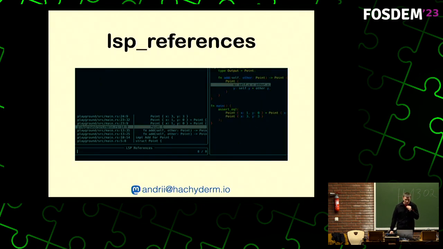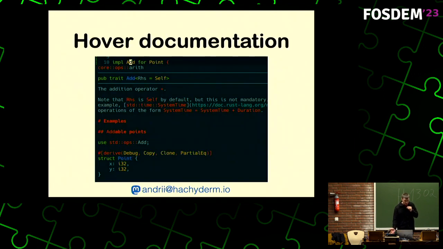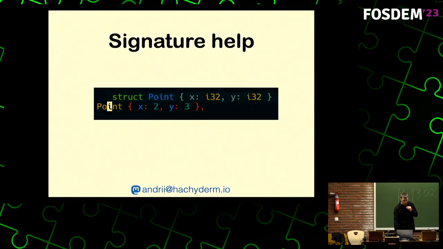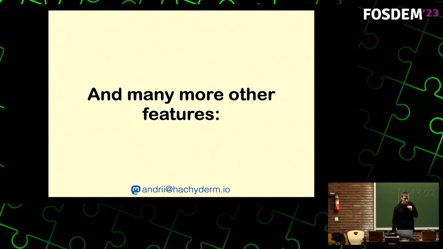For example, I forget LSP references, so I can find how to run it. And again, LSP references is more or less language agnostic. It's an extension of Telescope, which gets it and shows you. You can do hover documentation, signature help, and many more.